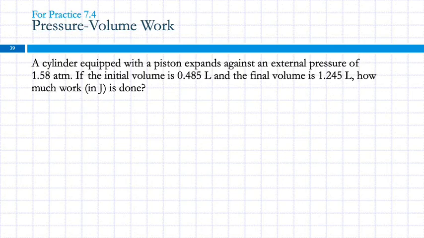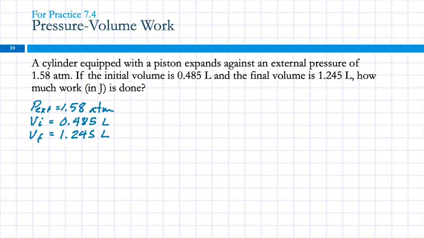Well, we've got 1.58 atmospheres, ATM, and we've got 0.485 liters, and we have 1.245 liters. This is the external pressure. It says that. This is the initial volume, and this is the final volume.